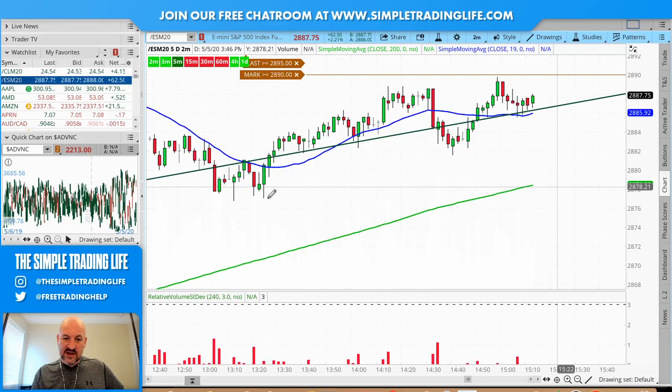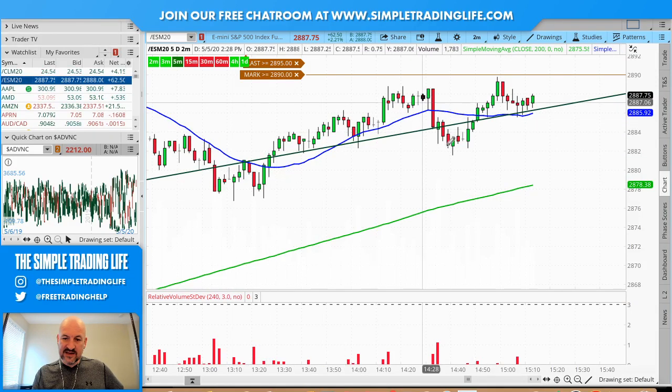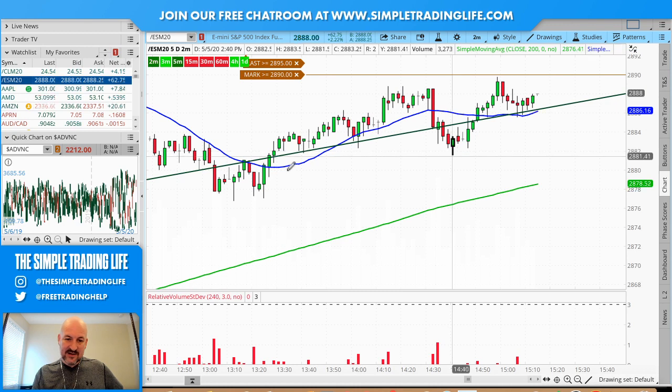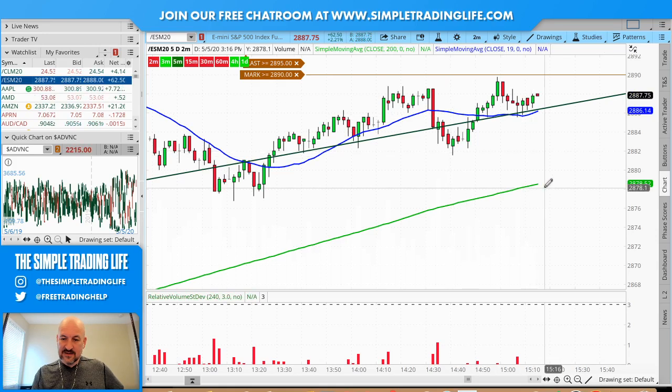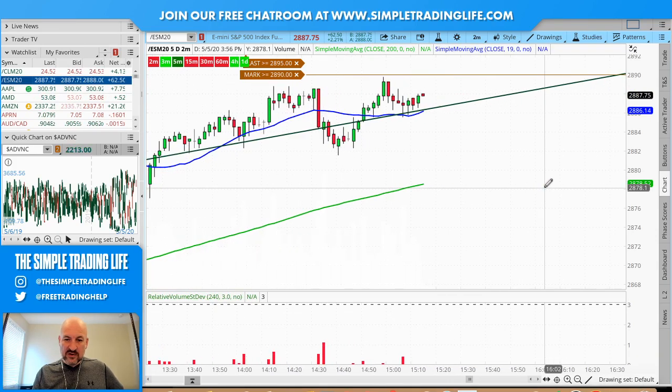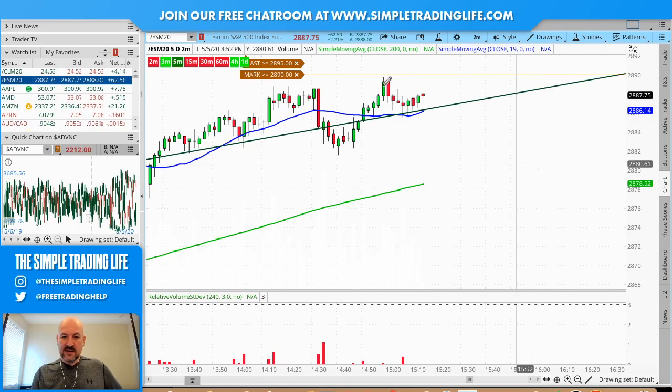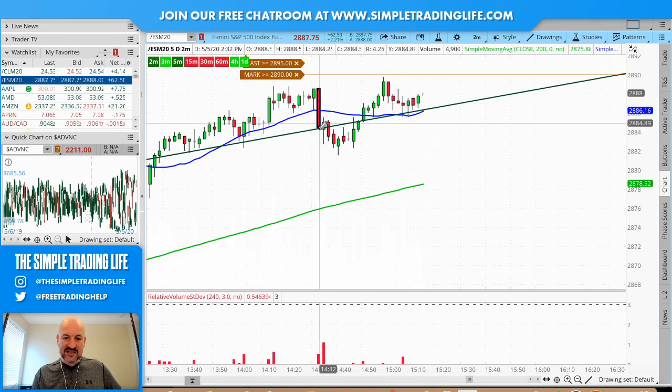Because again, what I'm looking at here is that we are still trending up. Even when we get these pullbacks, this is higher than this, right? This is higher than this. But what I don't like is that we're not really seeing any violent moves to the upside. We got a violent move to the downside here.